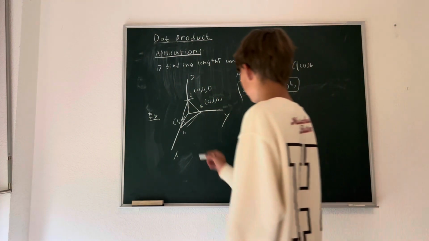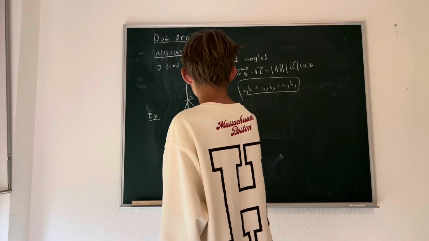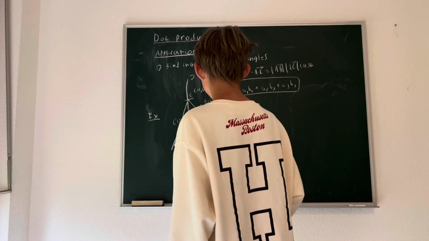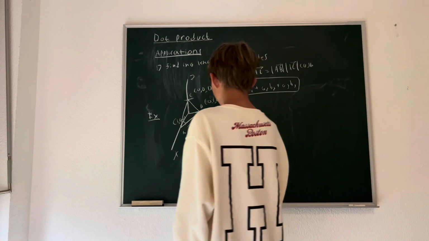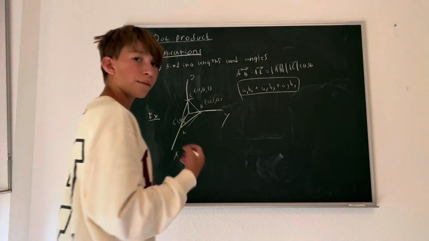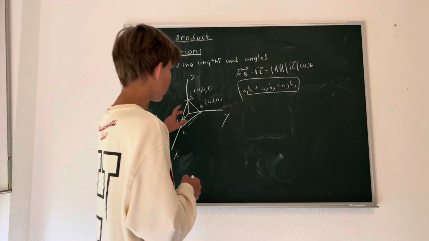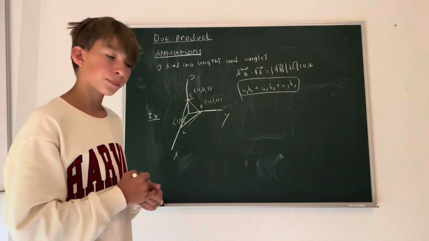So first, we can find the vectors AB and AC. For a vector, it doesn't matter if you're centered at the origin or wherever.